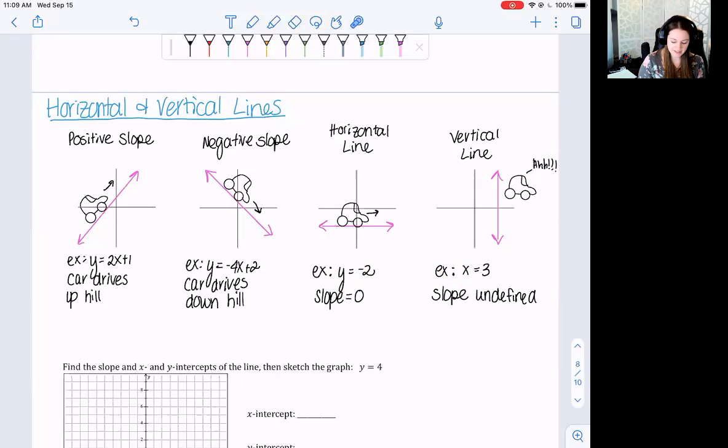So horizontal lines are y equals a number. And V's are kind of like an unfinished x. So it's x equals a number. Take it or leave it. That's what I have for you, my way of memorizing that.